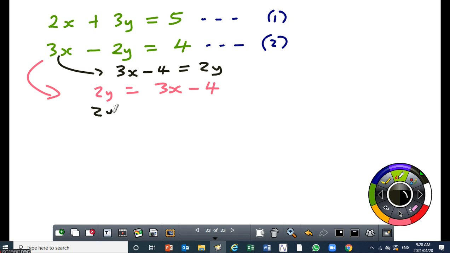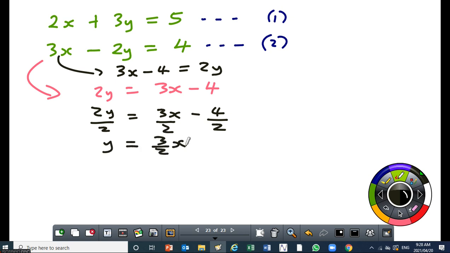So my next step will be to say 2y over 2 is equal to 3x over 2 minus 4 over 2. Remember, the objective is to make the coefficient of y or x equal to 1 for me to carry on. That's the objective. So this becomes y equal to 3 over 2x minus 2.